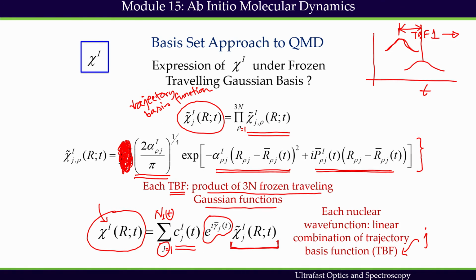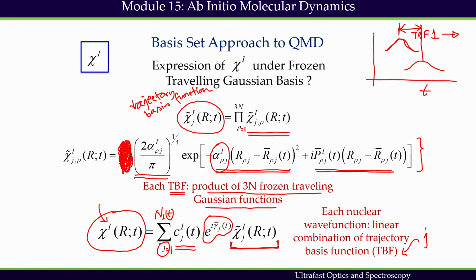The multidimensional traveling frozen Gaussian basis function is called a trajectory basis function. Each trajectory basis function is expressed as a product of one-dimensional Gaussian basis functions, and we have seen what this one-dimensional Gaussian basis function means. Rho represents the 3N Cartesian coordinates of the molecule, and alpha_{I rho j} represents the time dependent width of the respective Gaussian function.